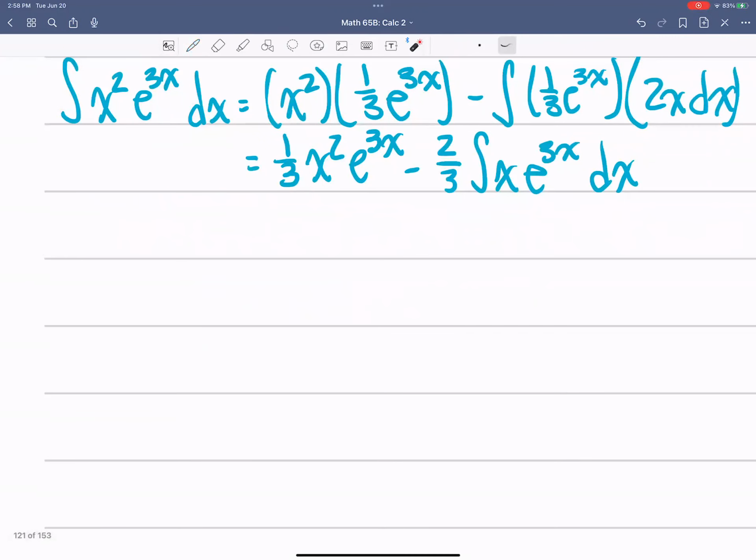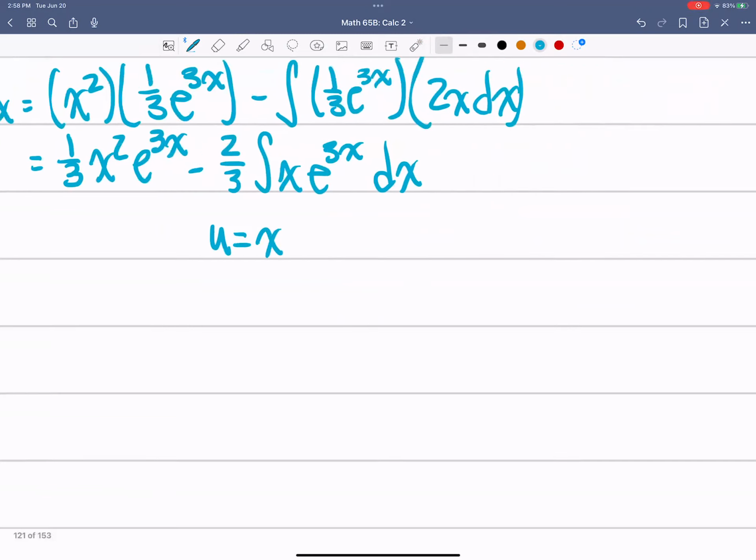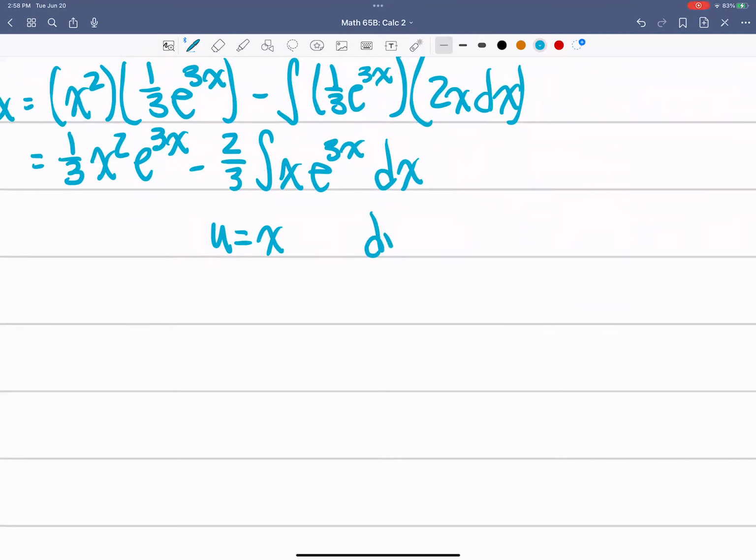We have to apply integration by parts one more time here. For this, we're going to let u equal x and dv equal e to the 3x. So the derivative, du, is equal to dx, and integrating, v is equal to 1 over 3 e to the 3x.